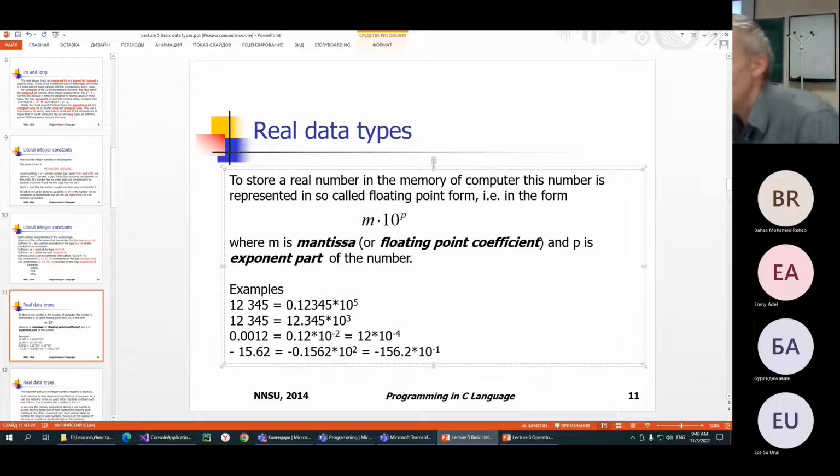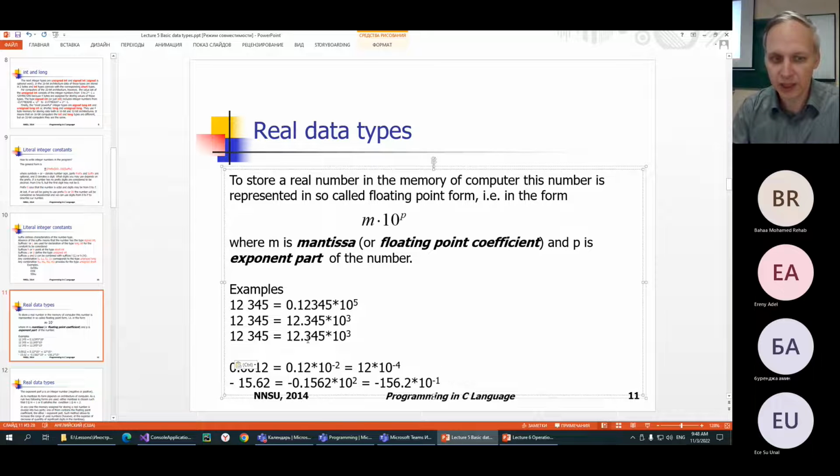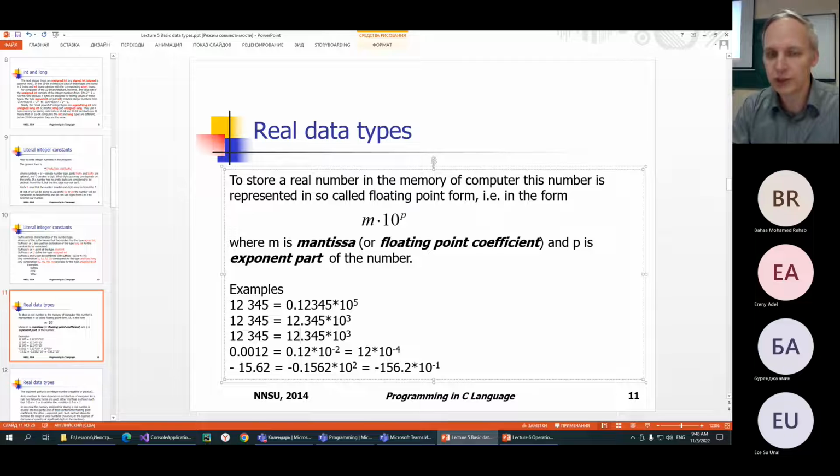The usual supposition is that the mantissa must be between 1 and 10. If we make such a supposition, this notation becomes unique. What is the unique notation for this number if the mantissa is between 1 and 10? 1.2345 times 10 raised to the power 4.